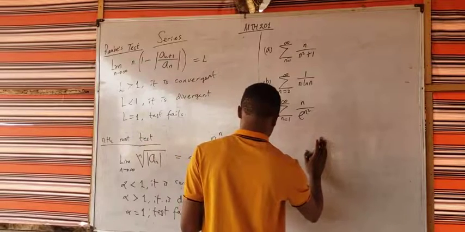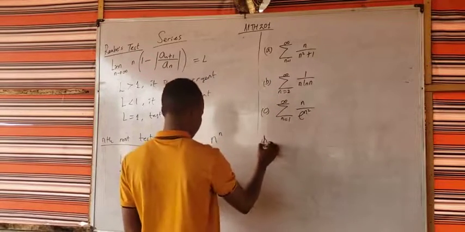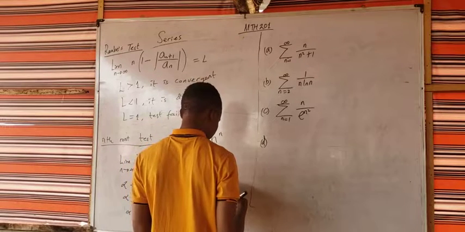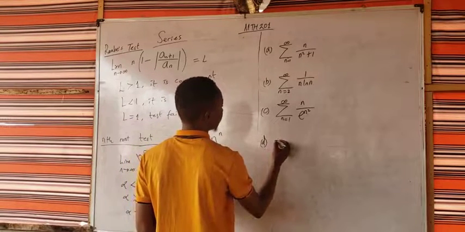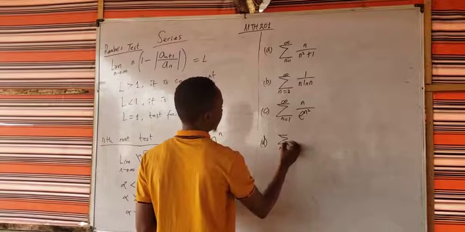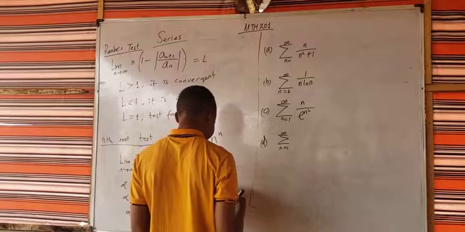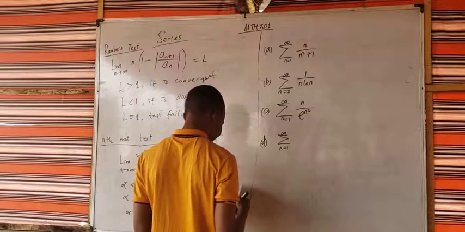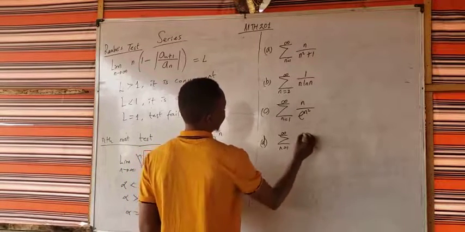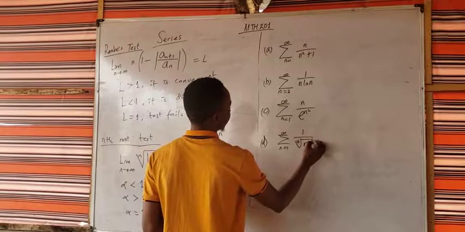Next one, D: 1 over the fourth root of n.